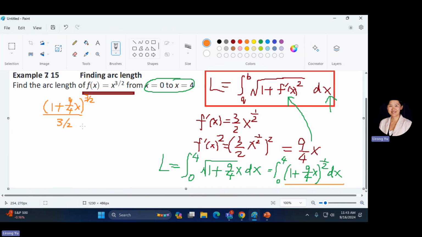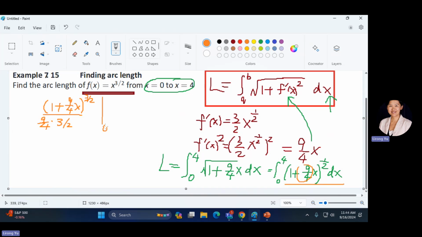Then for the coefficient, the inside has a nonzero derivative, so we have the reverse chain rule: you divide by 9/4, because that was the coefficient for x. That's the antiderivative for the whole thing.